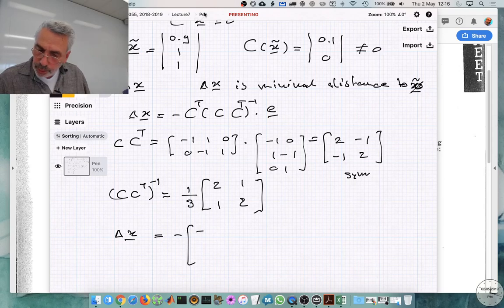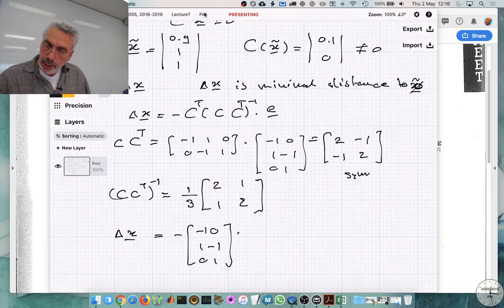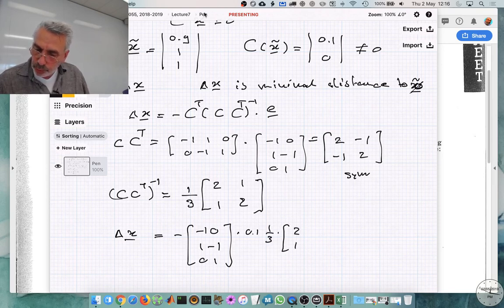Minus the C transpose, and then out of my head, I'm going to do this times this. But that's super easy because it's 0.1 and 0, so it's only this first column. The second you can discard, so it's 0.1 times 1 over 3 times 2, 1.